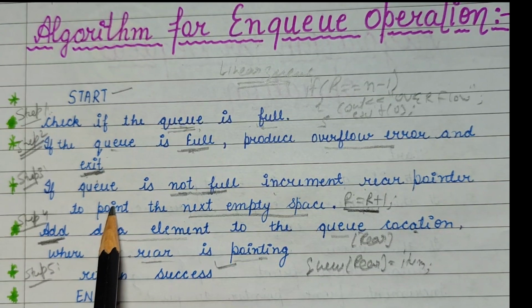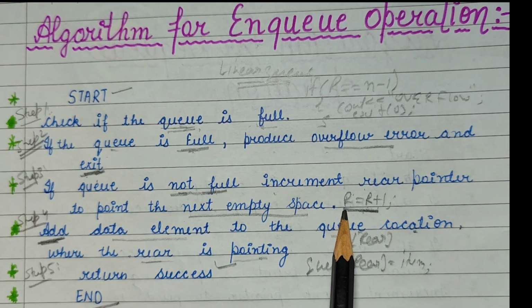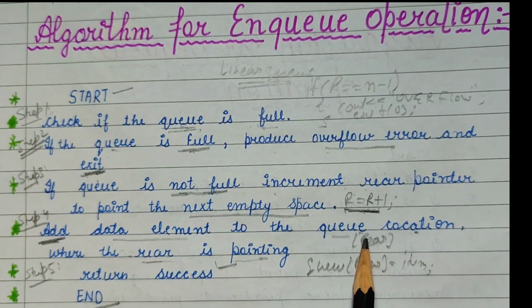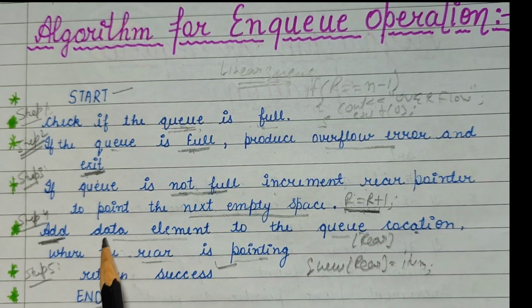If the queue is not full, then just increment the rear pointer by using the formula rear is equal to rear plus 1, and after this insert that data element at the rear index by using the statement queue of rear is equal to item, and then return success and end. I hope all of you are clear. If anyone has any issue regarding this, you can comment in the comment box.